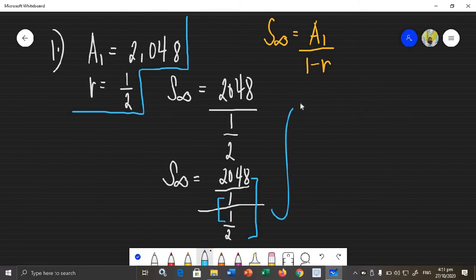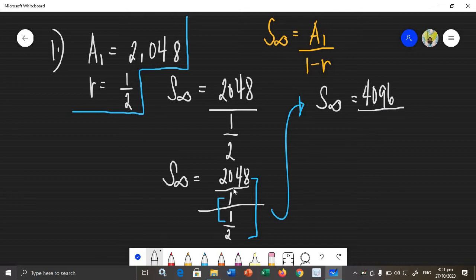So, paano po yun? Para makita natin kung paano yung mangyayari, S sub infinity is equal to, una nating i-multiply yung extremes kasi that will be your numerator. So, 2,048 times 2, that is 4,096. Kaya siya yung numerator, yung product ng extremes.